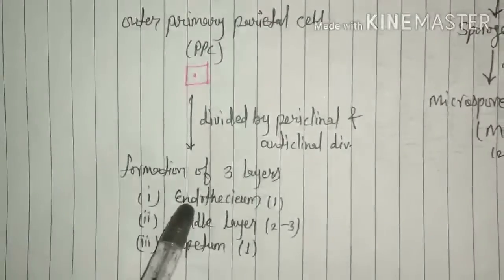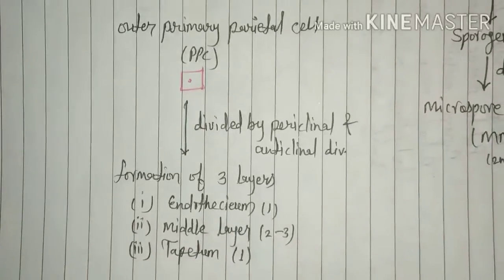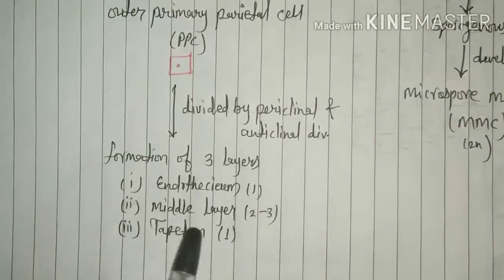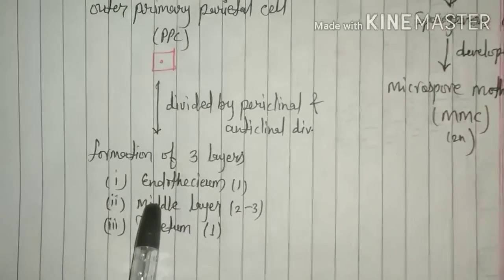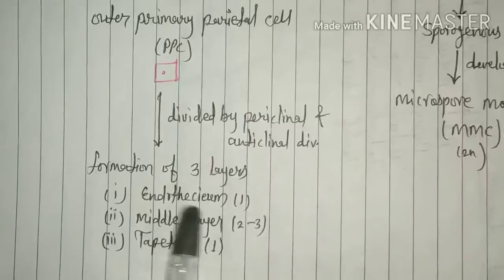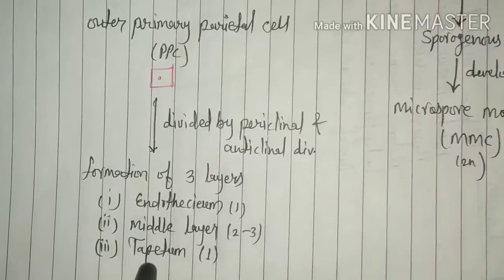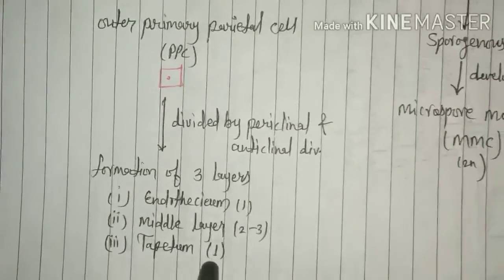Endothecium is the second layer, which lies just below the epidermis. Next, the middle layer lies below the endothecium, and it has 2 to 3 layers. And the innermost layer is called the tapetum and it is a single layer.